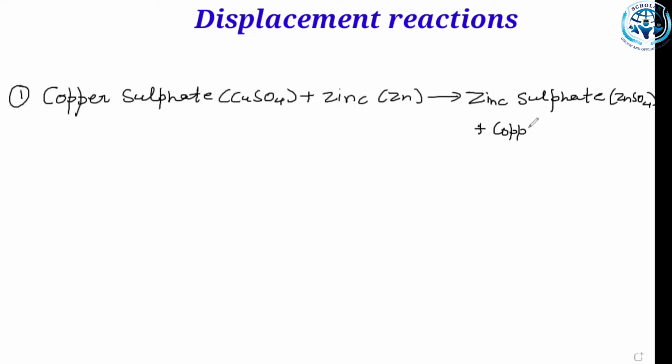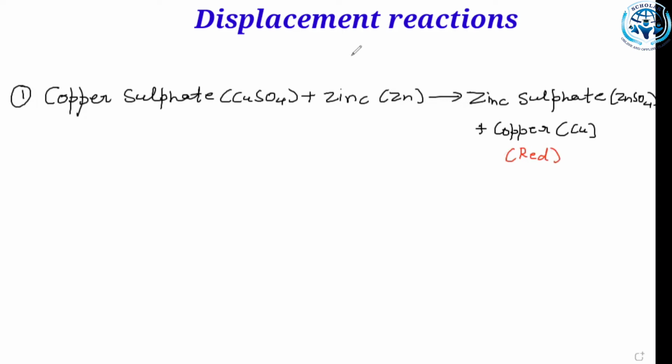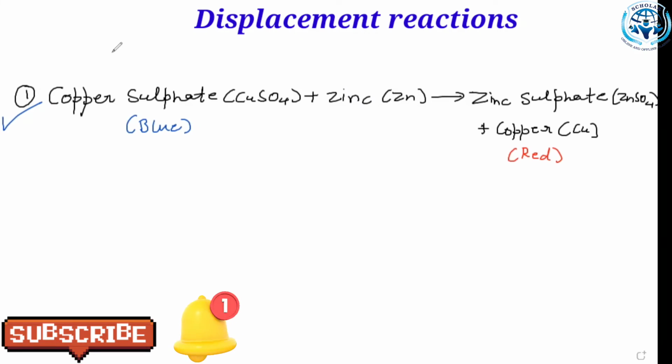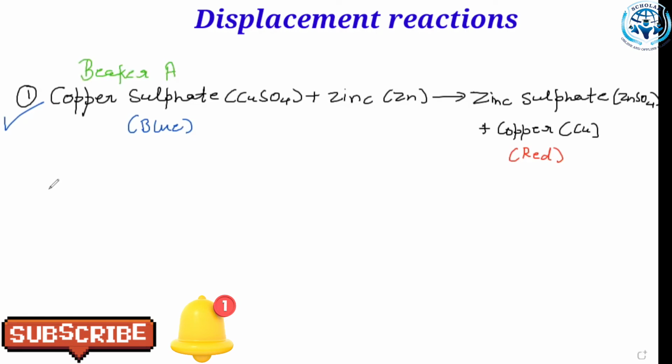This copper is deposited at the bottom of the beaker as red powdery mass, while copper sulfate is a blue solution. You can easily recognize the change of color. This was the reaction in beaker A. Now let us see what is happening in beaker B.